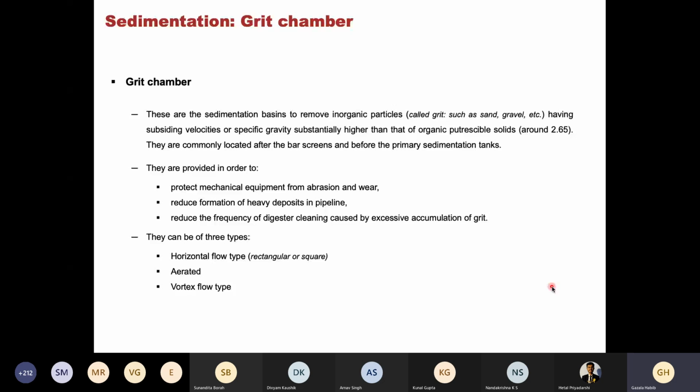When we are disposing the wastewater in a river, this grit will settle down in the pipe and reduce the efficiency of conveying the water to the river. It will choke the pipe. That is why we need to remove the grit. It also reduces the frequency of digester cleaning caused by excessive grit.